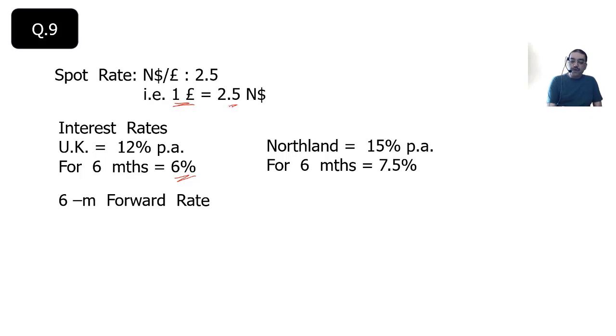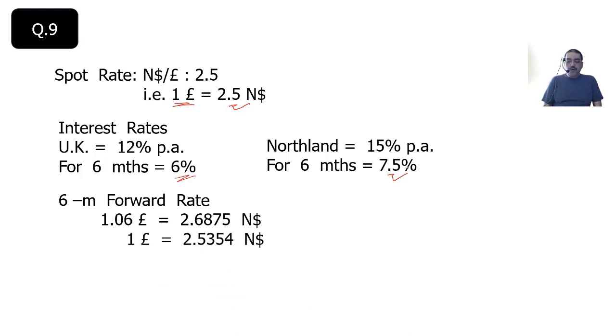And 2.5 is going to increase by 7.5%, so that will come to 2.6875. So 1.06 pounds equals 2.6875 Northland dollars. I want the value of 1 pound, so divide by 1.06. You will get 1 pound is equal to 2.5354 Northland dollars.